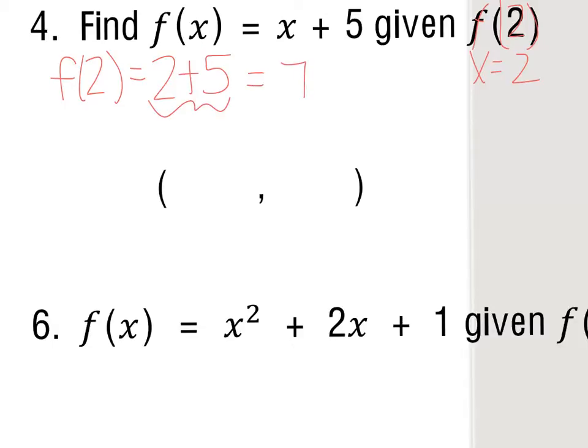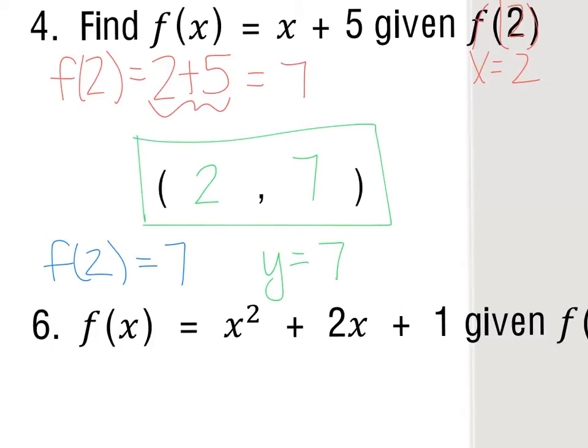So this now says that f of 2 equals 7. That means a couple things. First of all, our x value is 2. And second, remember f of 2 is the same thing as saying y equals, so this is also telling us y equals 7. So this is the ordered pair (2, 7).